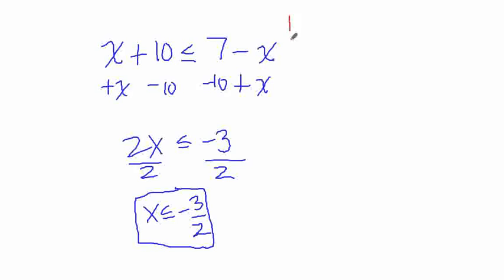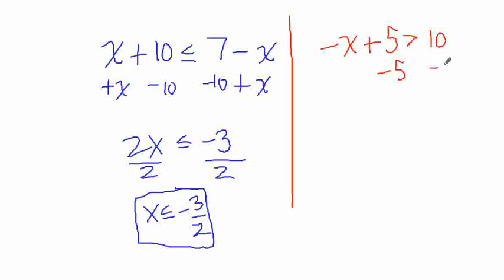Now suppose instead I had something like minus x plus 5 is greater than 10. So I subtract 5 from both sides, so minus x is greater than 5.